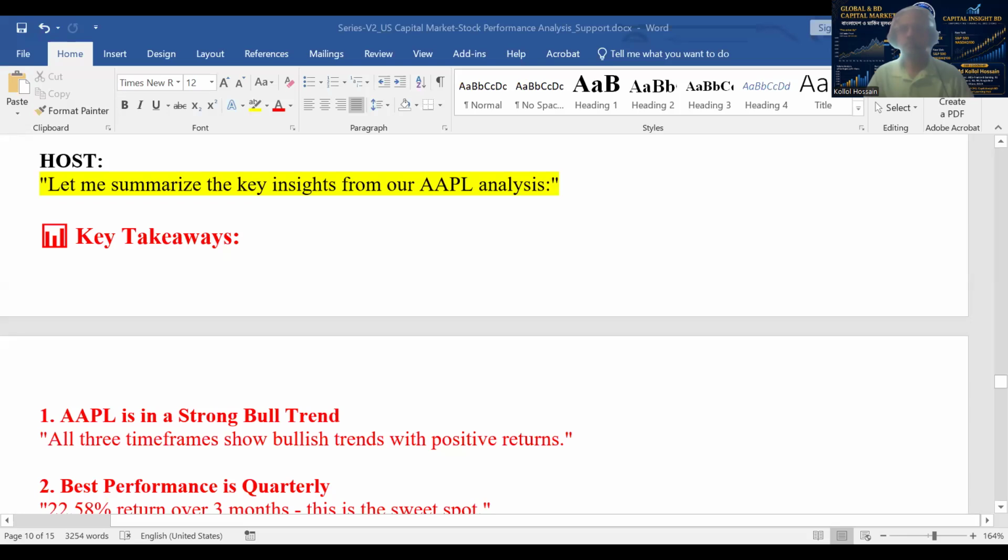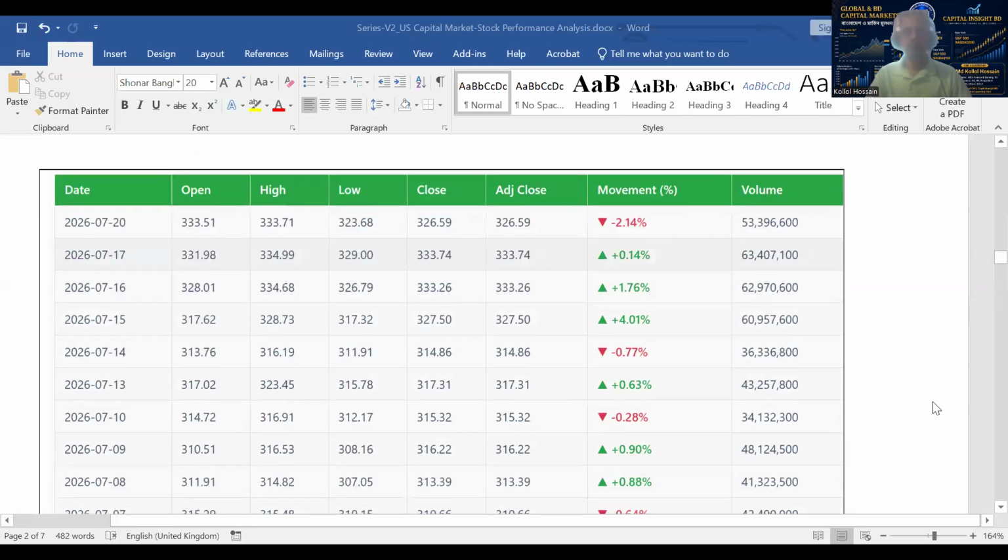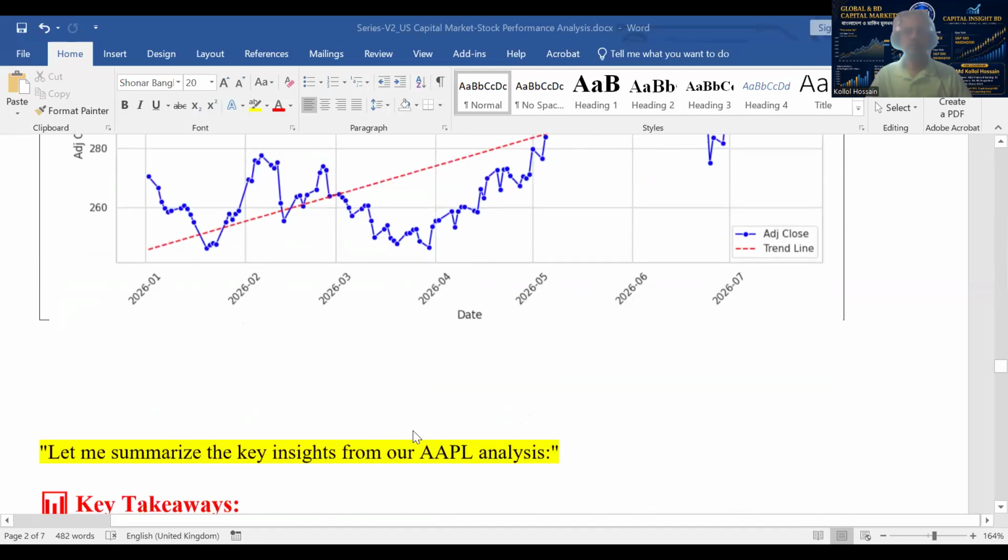Actually, this is not the right thing. I am going to show you the right one. Yes, this is the one. That's the point we are going down. So we have discussed all of these things. So what is the summary of our discussion?